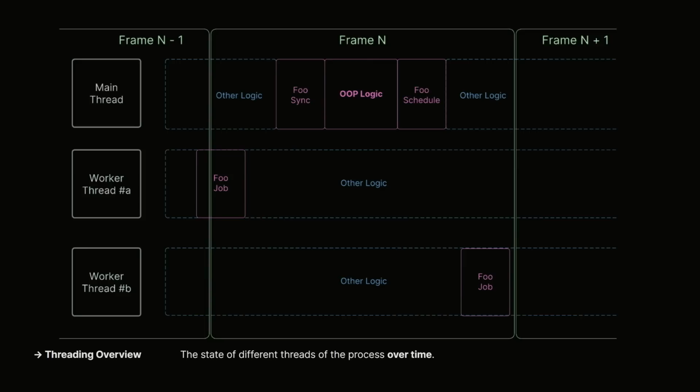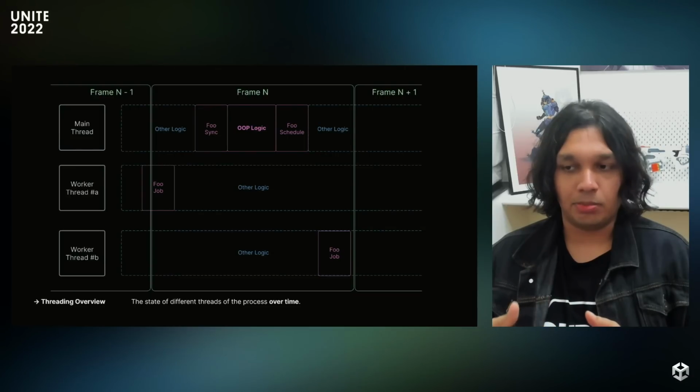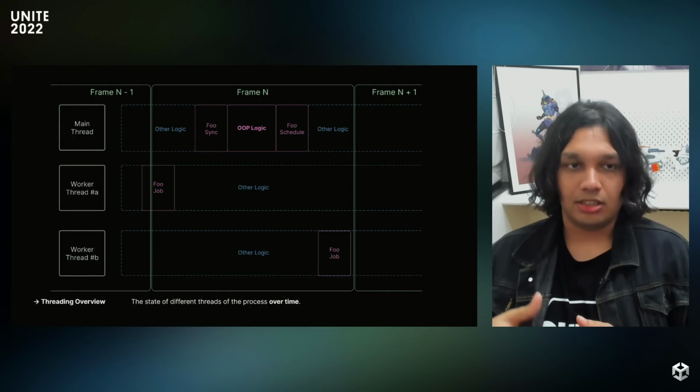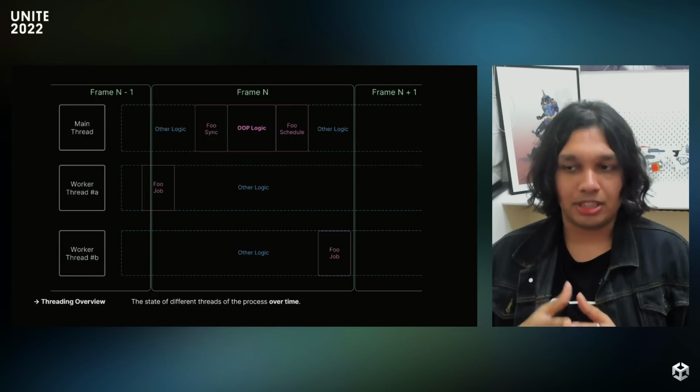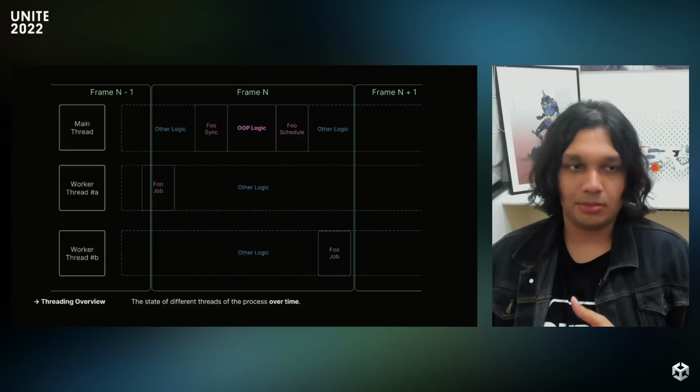And these jobs are usually picked up by whatever worker thread might be available, whenever they might be available. So, for example, a worker thread might execute the job at any point within the frame after it was scheduled. But by the time you call complete on a job handle, by the time you synchronize it, Unity makes sure that that particular job is completed.